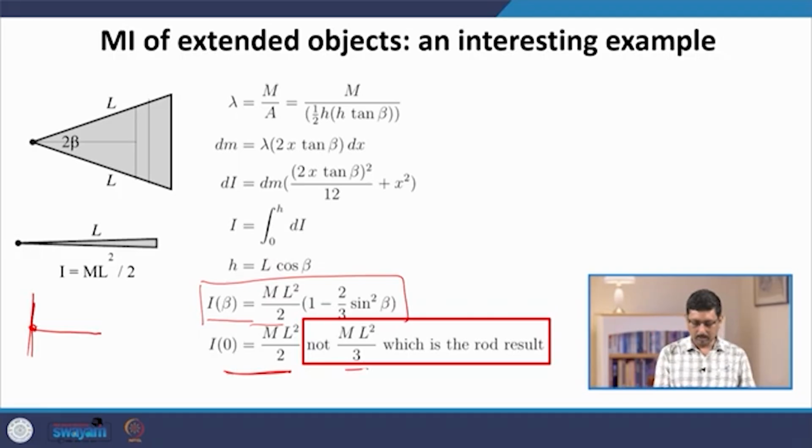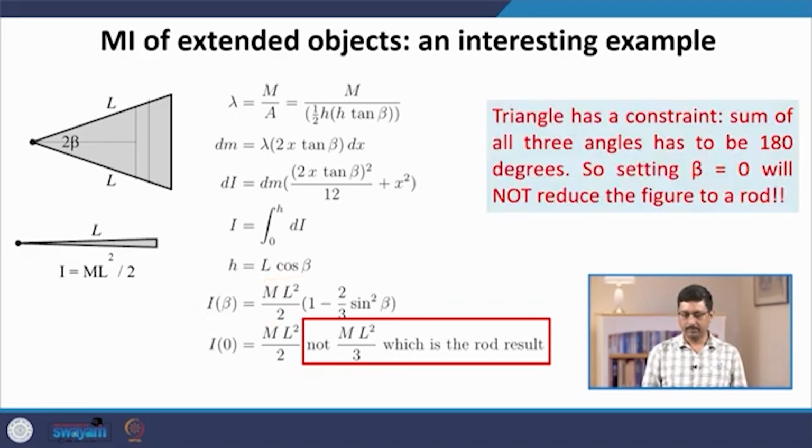But that moment of inertia was ml square by 3. So, they are not matching. That means if I take a planar triangular mass and close this angle, geometrically we arrive at the one dimensional rod, but they have a different moment of inertia.